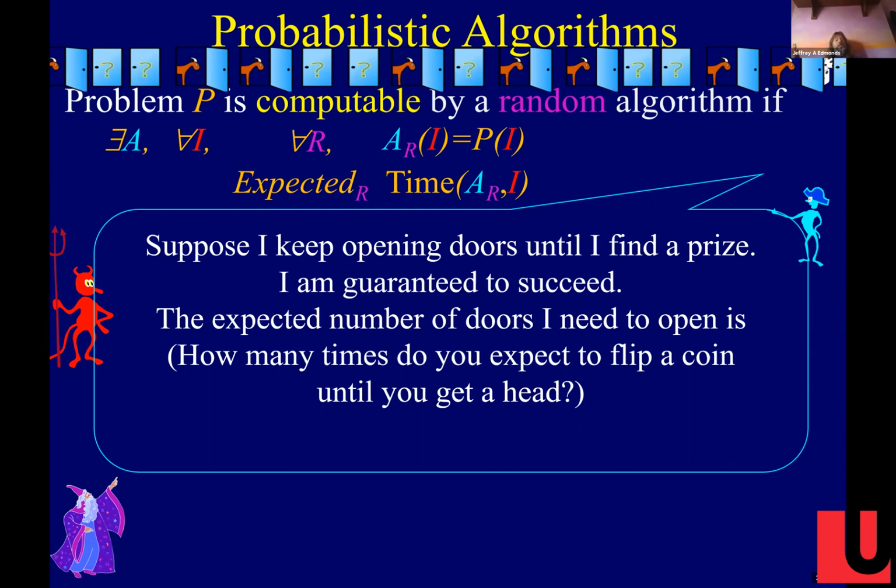Somebody gave the answer: the expected number is 2. It's the same if I roll a die until I get a 6: I expect to have to roll it 6 times. So here the expected running time is 2. Does that make sense?